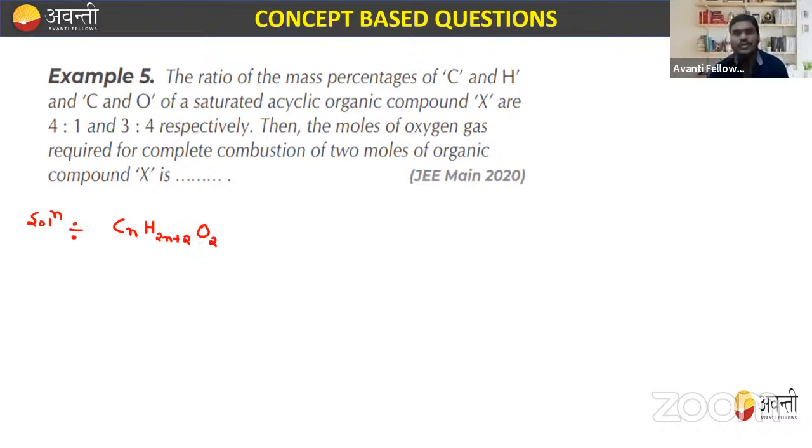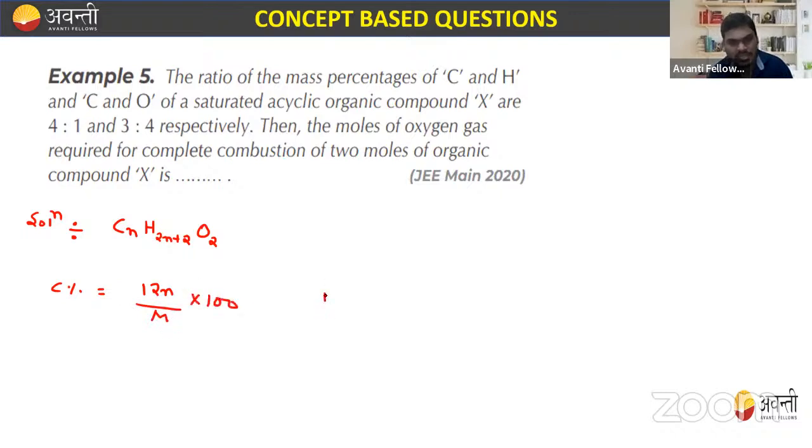Now, if you want to calculate the percentage of carbon, how will you calculate? Percentage of carbon is equal to 12 into n, because here the number of carbon is n, divided by the molecular mass M into 100.